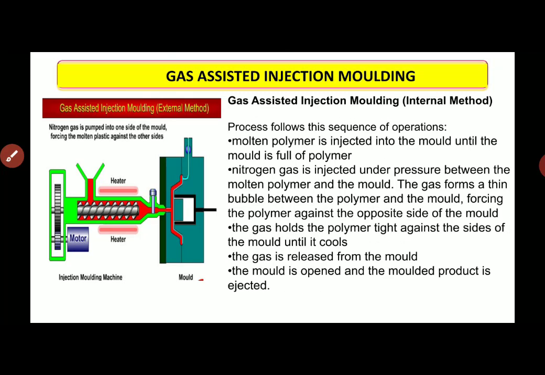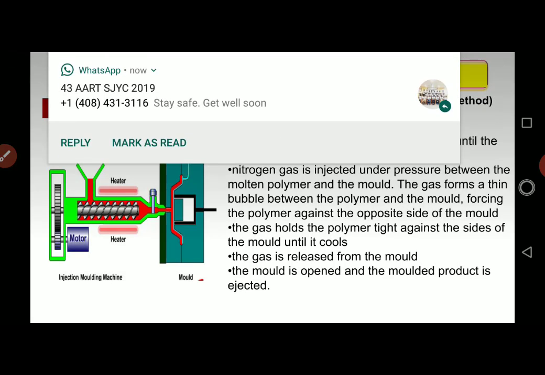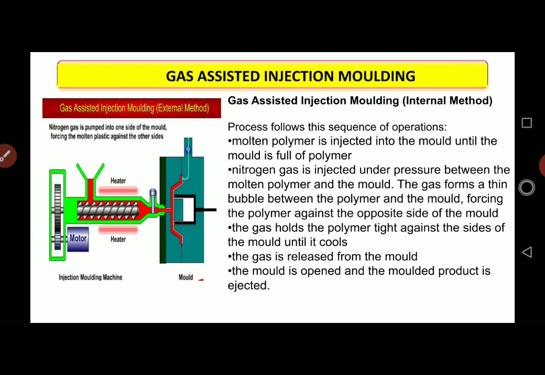Now we can see the external method of gas assisted injection molding. Here, the sequence of this process is like this.